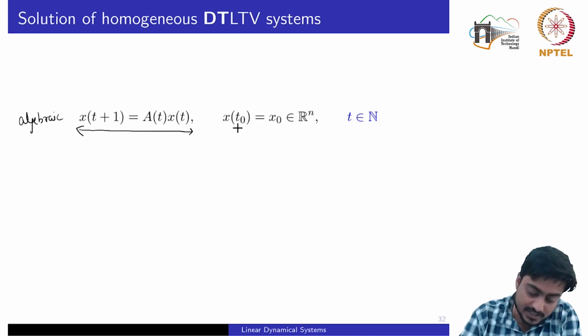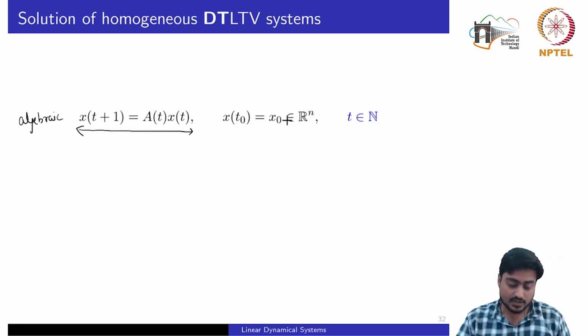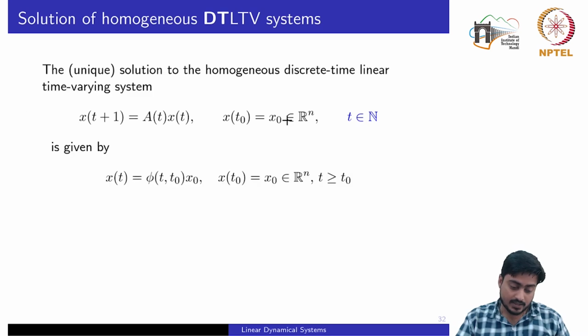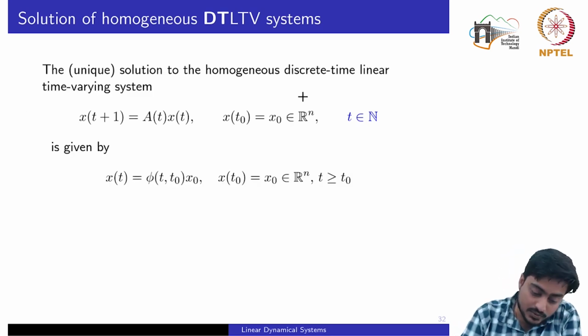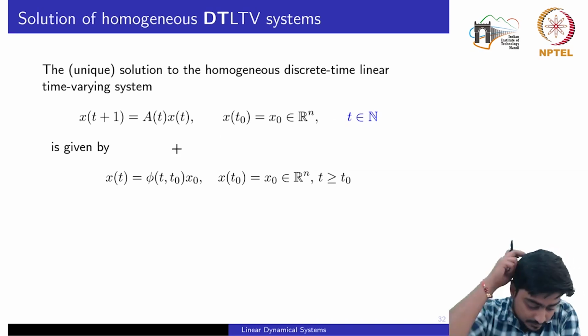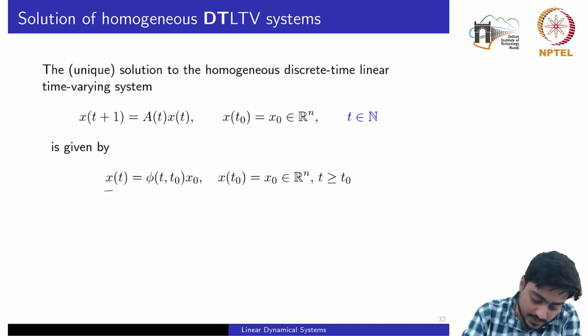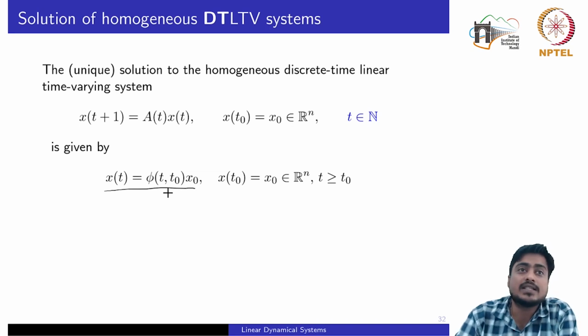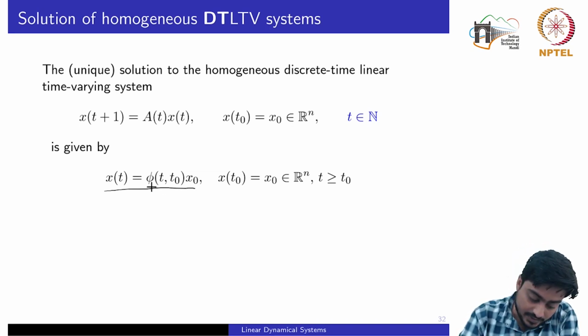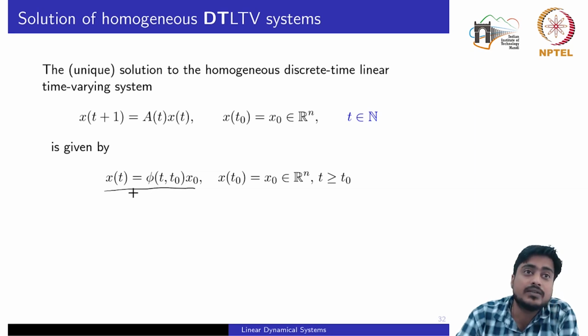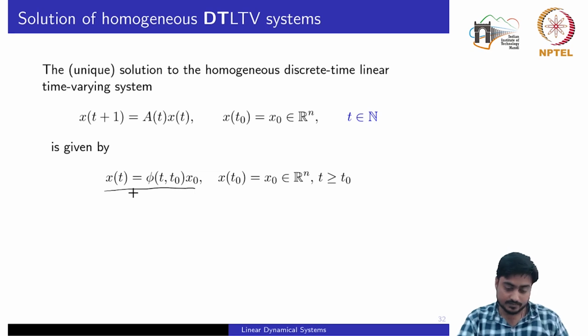The initial condition at t equal to t0 is given by x0, which is an n-dimensional vector. The unique solution to this homogeneous discrete time LTV system is given by this expression, similar to the continuous time systems, where phi now denotes the discrete time state transition matrix.